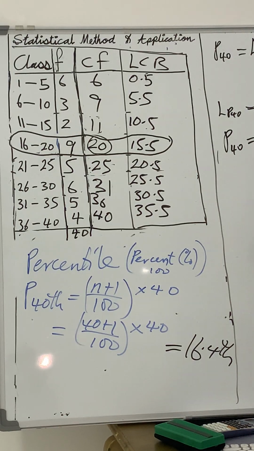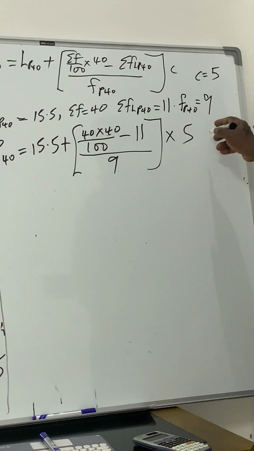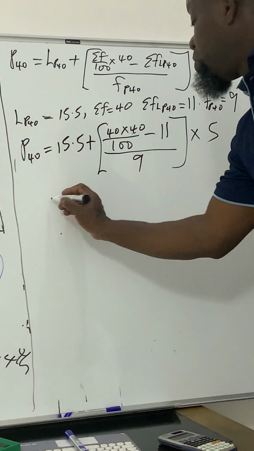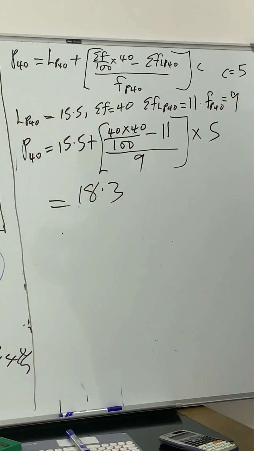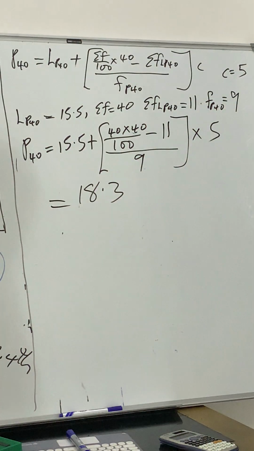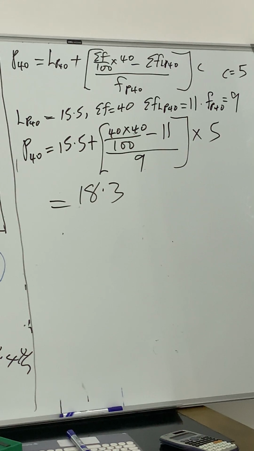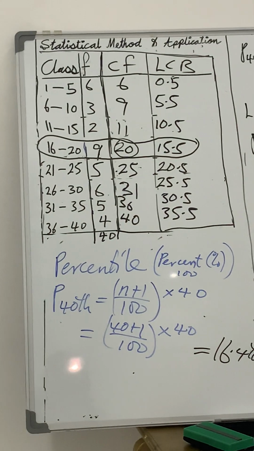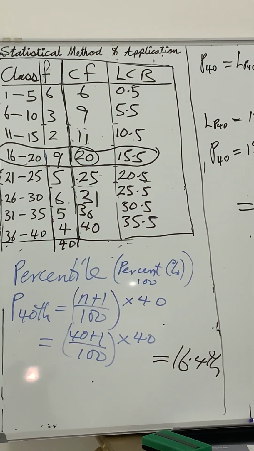With this, we can bring out the results by using calculator. If you bring the result out, you are going to get 18.3. You can trace it from this place. So you know 18.3 will fall under 16 to 20. So that's the 40 percentile from this distribution.